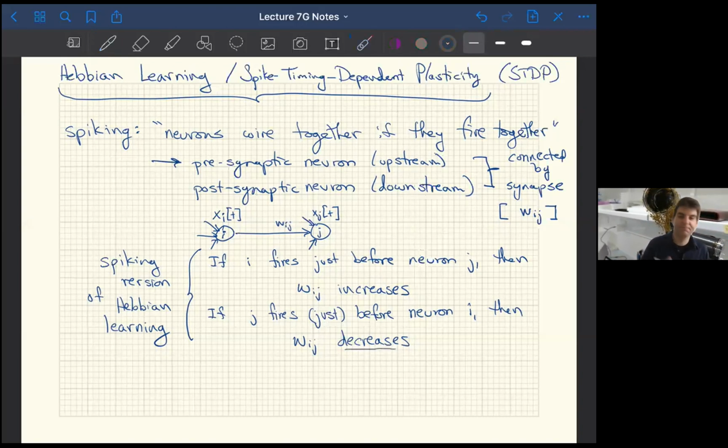But if there's a tight correlation where I fires and then J fires, then you short circuit that and say that when I fires, that's good evidence that J should be firing. So you get an increase. These are the basics of Hebbian learning.